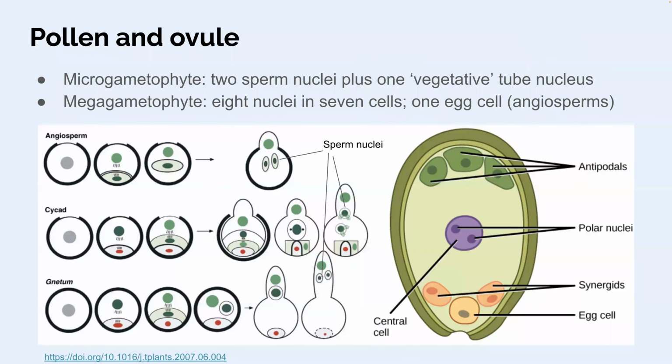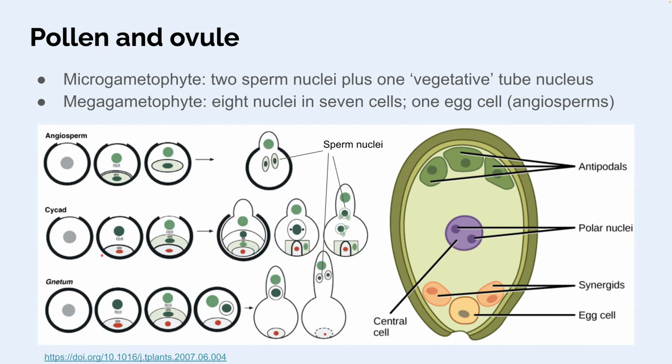Okay, so hinted at this before. We've got the structures of the pollen grain and the ovule. There is some variation. So we've got flowering plants, angiosperms, cycads, and Gnetum. These are both members of the gymnosperms, or the non-flowering seed plants.